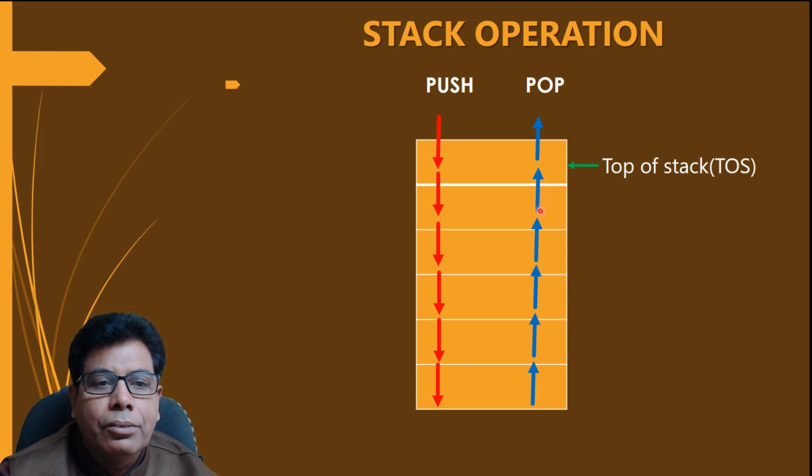So the next element will now be at the top of the stack. In this way, the stack will operate by pushing the elements in this direction, and when we read the elements, that will be in this direction. Every time, the top of the stack is pointed to by the stack pointer, and the pointer will be changing as per the operation. Either it will be incremented or decremented depending on the push or pop operation.